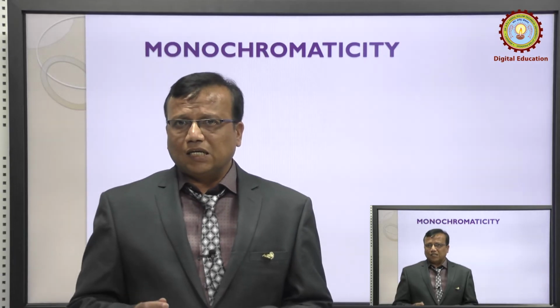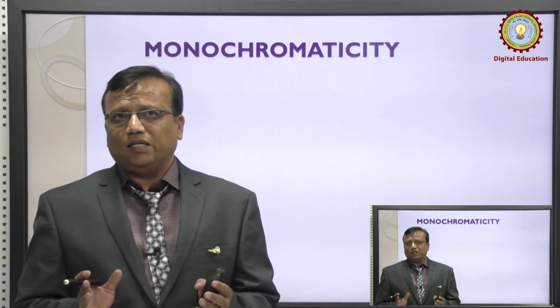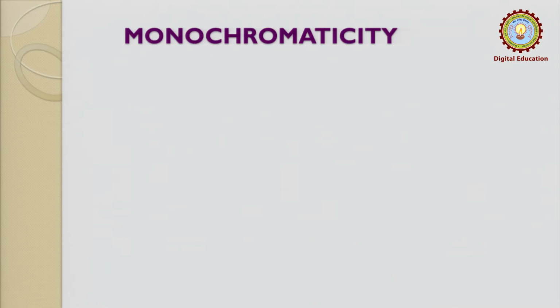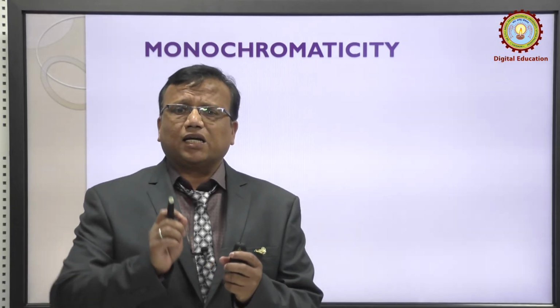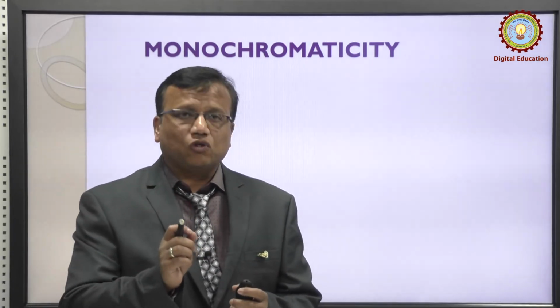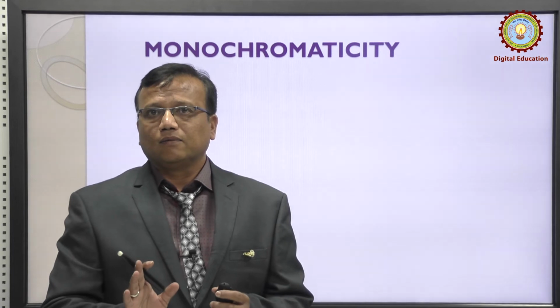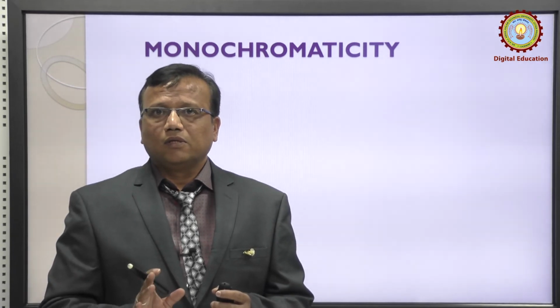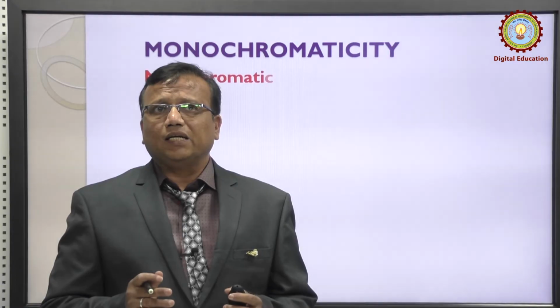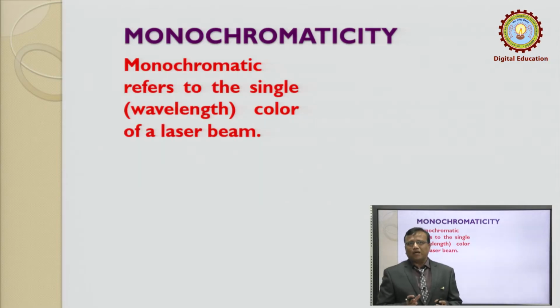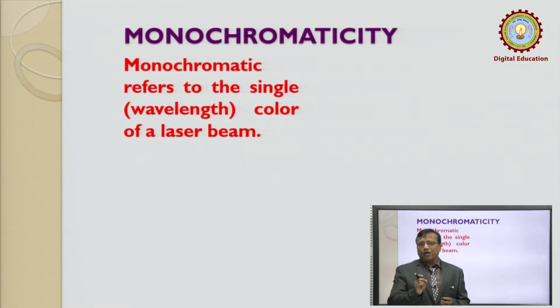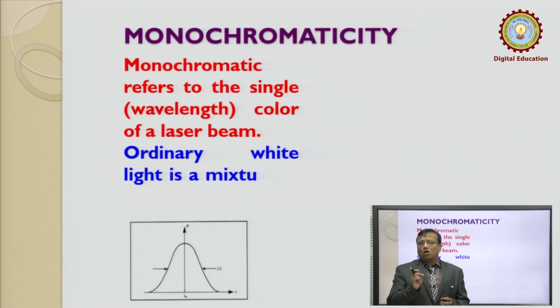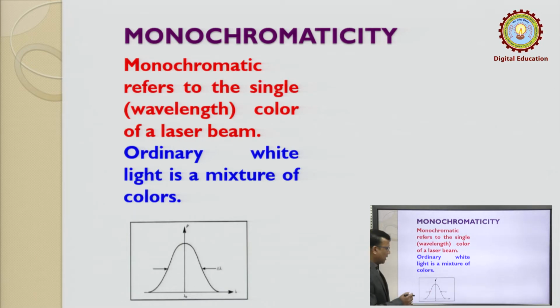So we will discuss the very first characteristic of the laser, that is monochromaticity. What is monochromaticity? Monochromaticity means when in any light or any wave there is only a single wavelength, that is called monochromatic light. So laser light is monochromatic light because it has only a single wavelength. And if we talk about ordinary light, it is composed of a mixture of wavelengths, as we are seeing in the graph.